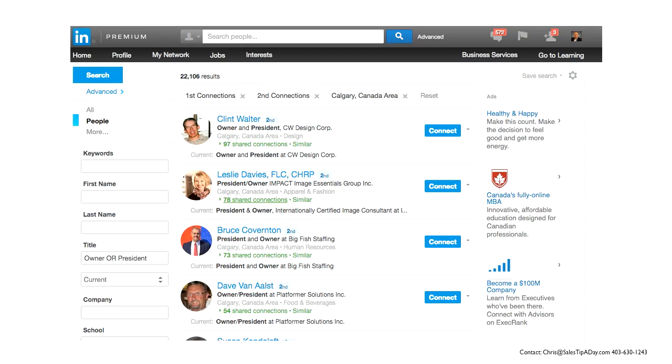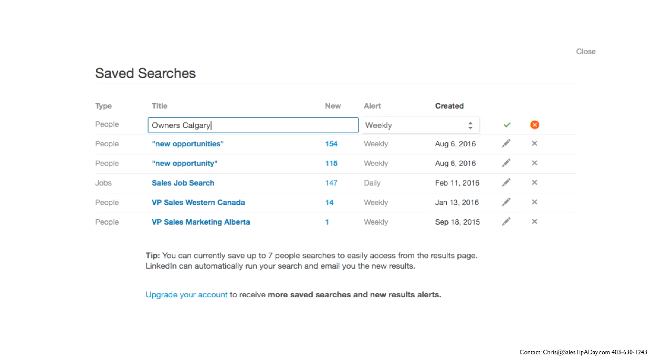Now, here's what you do. When you get these results that come back, it says save search up there. Click on that. When you click on that, LinkedIn's going to bring up a window that looks like this and says, put a save search in here. When you put this save search in here, you're going to name it something. You're going to put an alert out so it sends it to you weekly, monthly, or never. My suggestion would be weekly, and then create that.